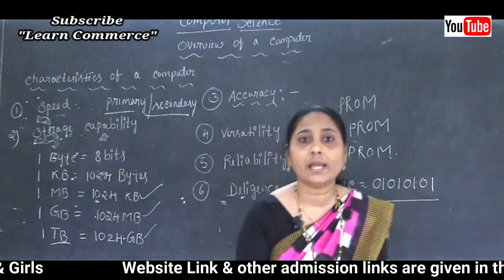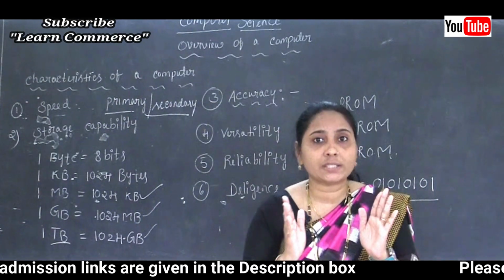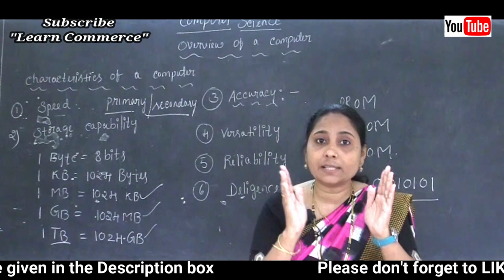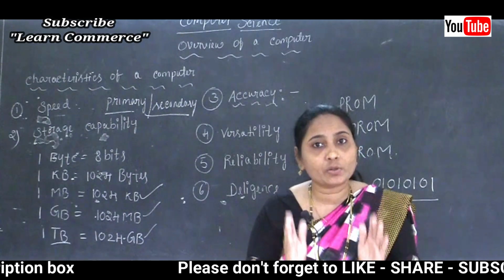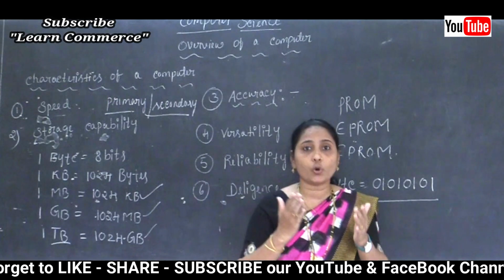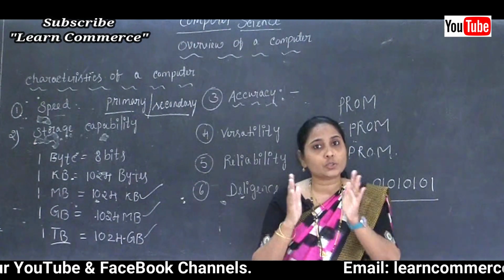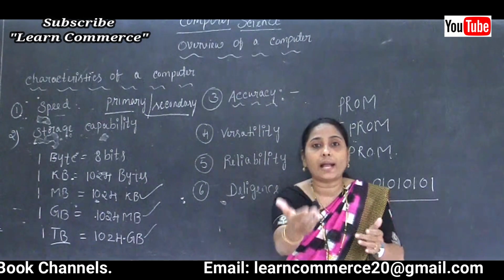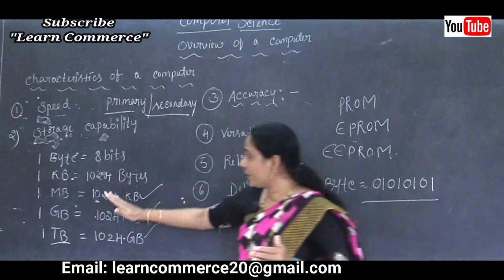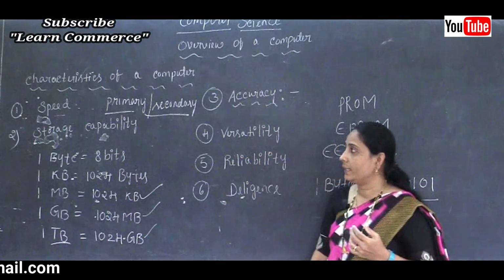So why are we using the storage unit? Clear? Such a byte is the storage space, and by using it we are going to access the data. We know the use of the storage space is to store the data, and after storing it we are going to access the data, and those are all the calculations about the byte. Clear this point here?